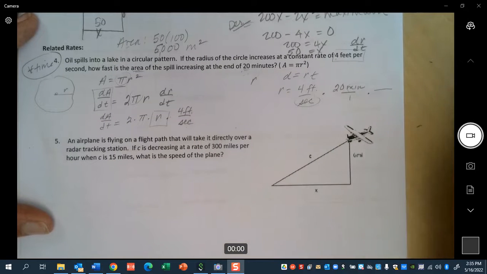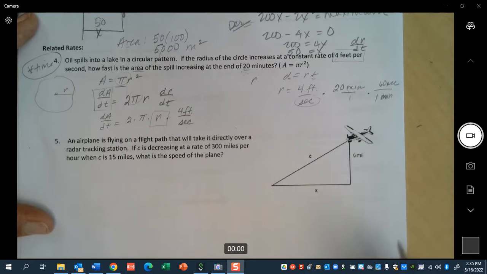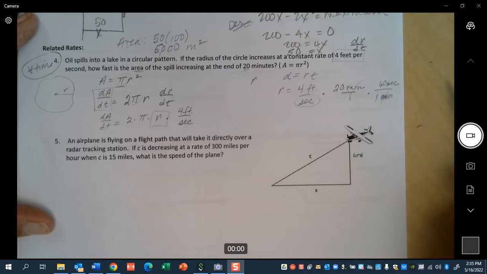Do you see how I need to say that 1 minute is 60 seconds? If you struggle with knowing where to plug stuff in, remember you want your units to cancel out, because that'll give you how long your radius is.